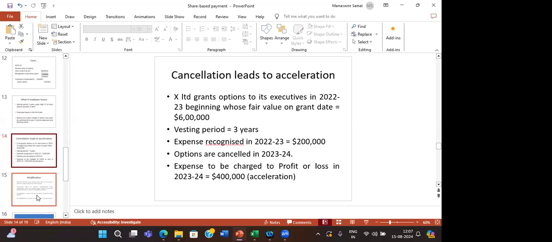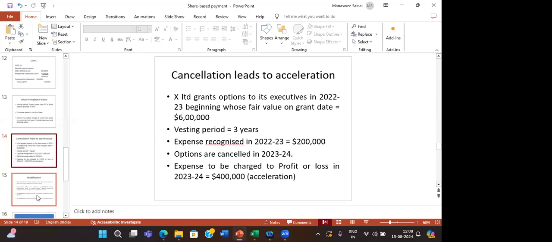I'm saying you should not do this, right? But this was the practice in some cases. Obviously, the accounting regulator observed these abuses in the market. Then they said, if you cancel, your objective was to make your profit look a bit healthy.